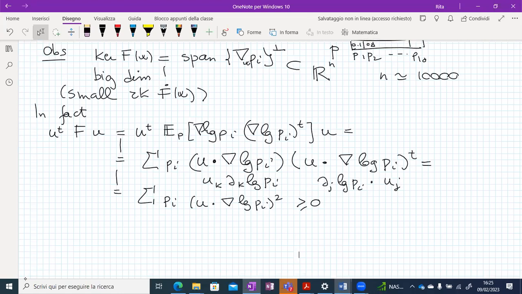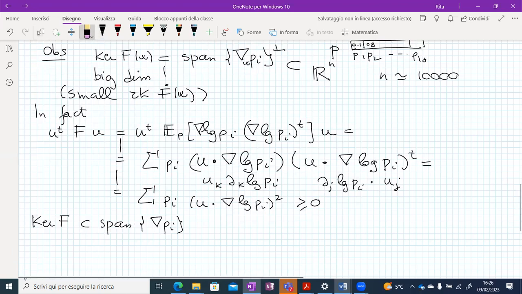Now we prove that the kernel is contained in the orthogonal. This is almost evident, but not evident, so let me rewrite it better.